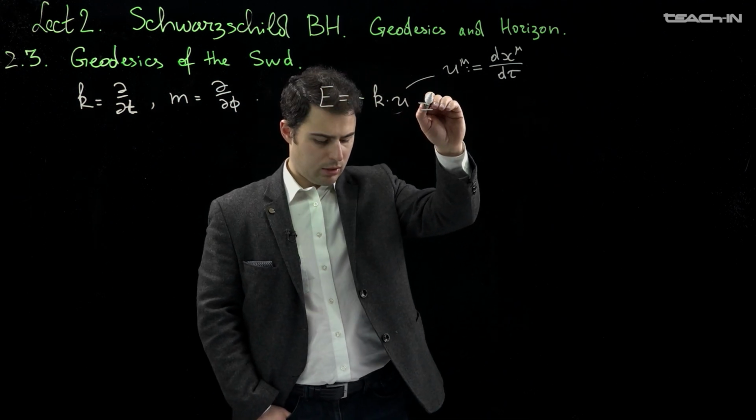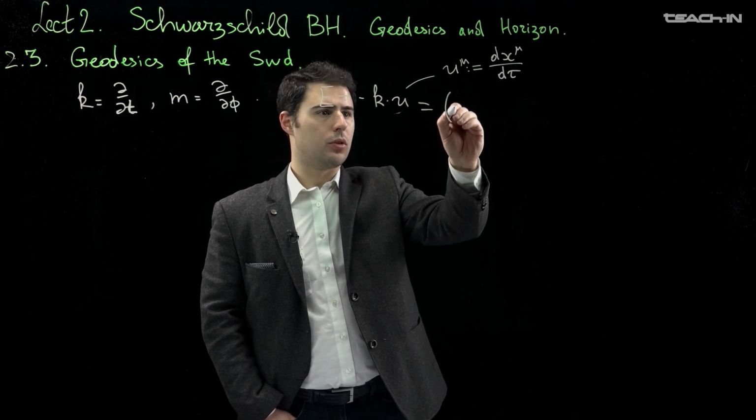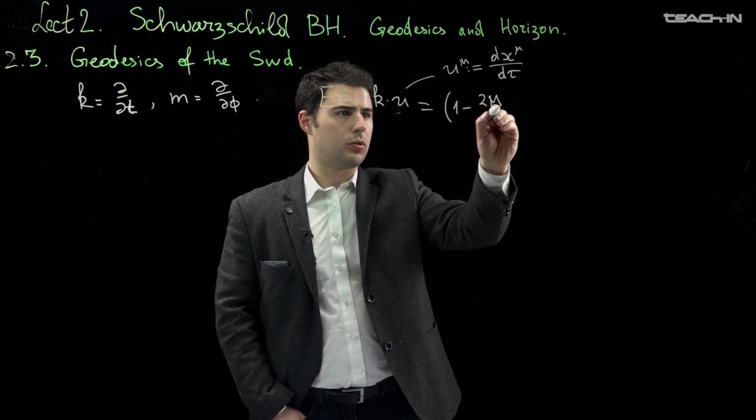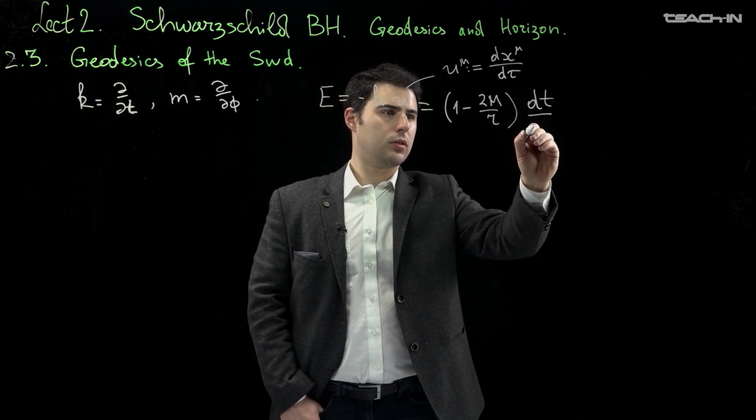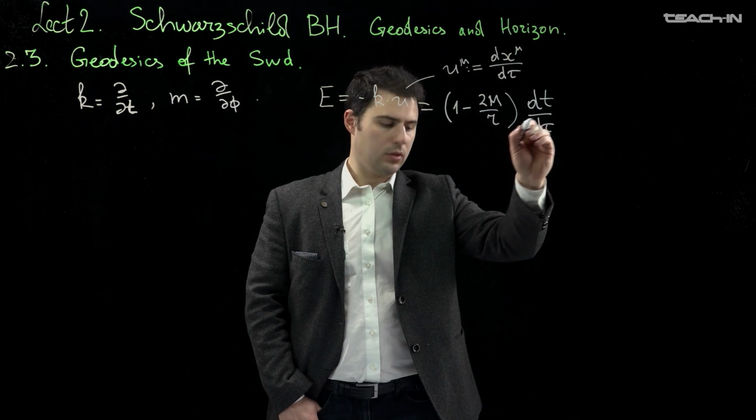This equals 1 minus 2m over r, times dt over d tau.